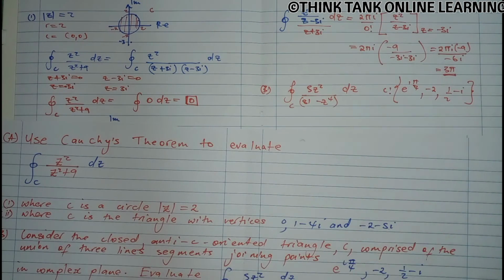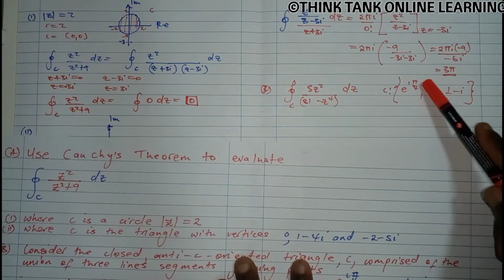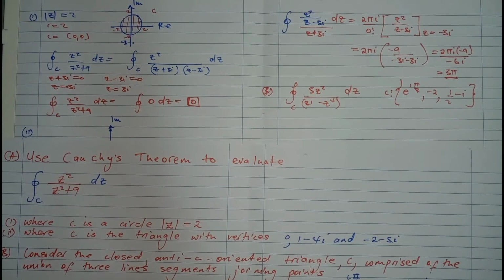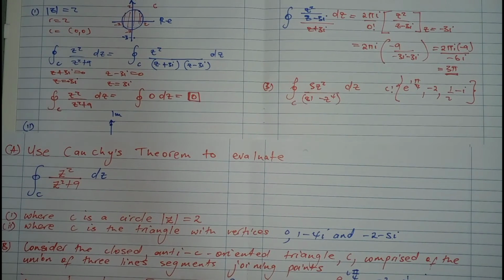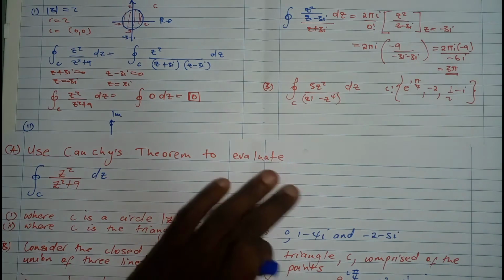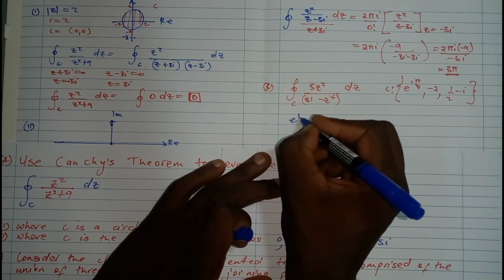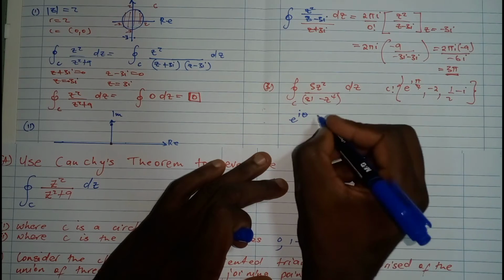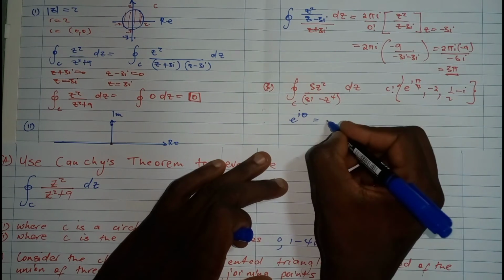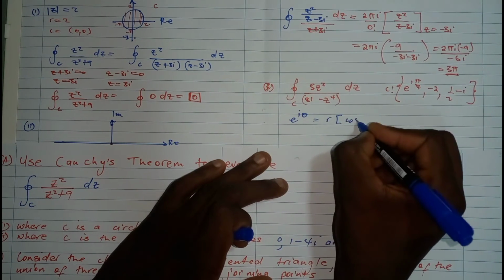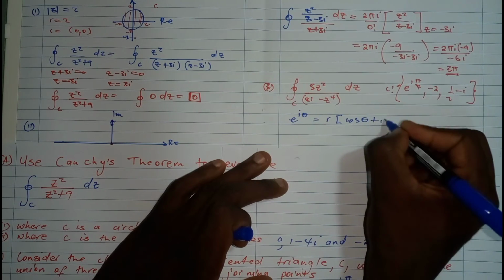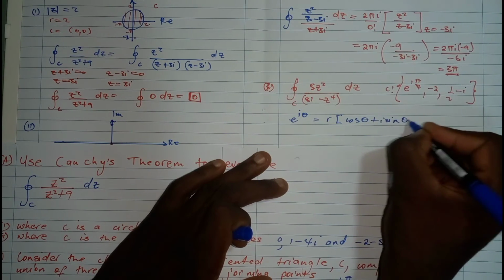Okay, so first I'm going to start by sketching these coordinates, but I don't know the value of e to the power i theta, so I'm going to change it. Since this is Euler's formula, let me just give you a quick reminder. Remember, e to the power i theta is going to be equal to r (cos theta plus i sine theta).